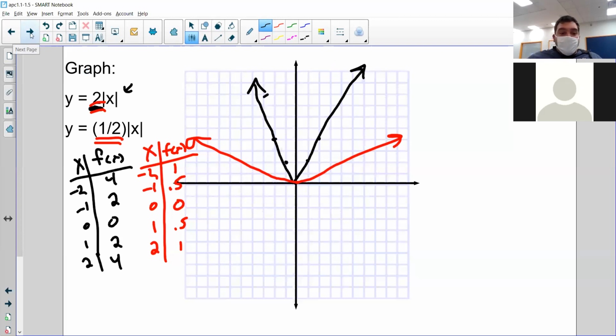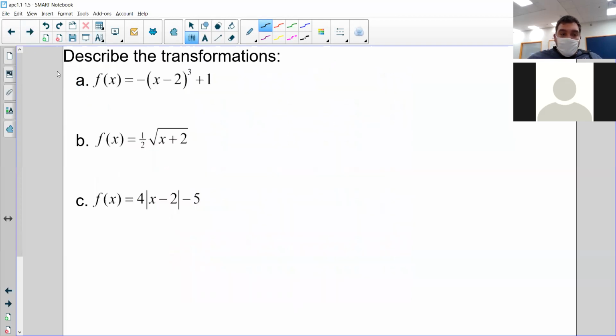Okay, so I'm going to the next page. So looking at A, I'm going to have to describe the transformations. We can kind of see that the base is x cubed. Doesn't really matter what your base is, the transformation rules stay the same, but just pointing out the base would be x cubed, your parent function, you would call it.